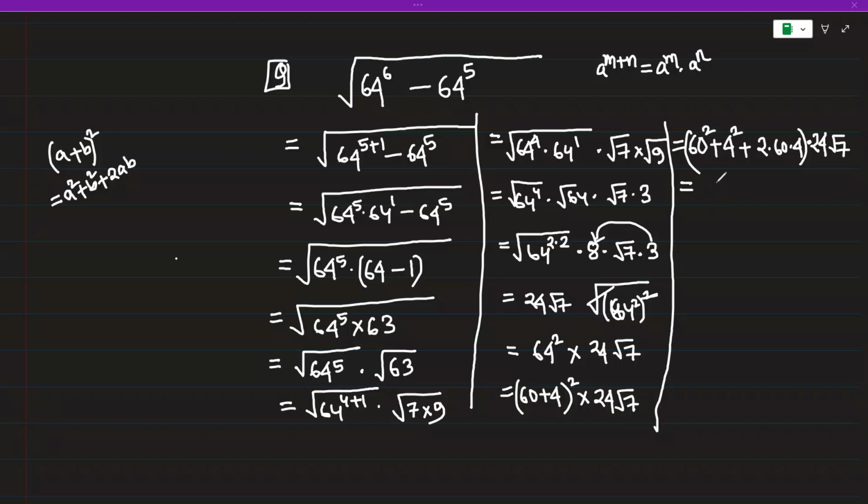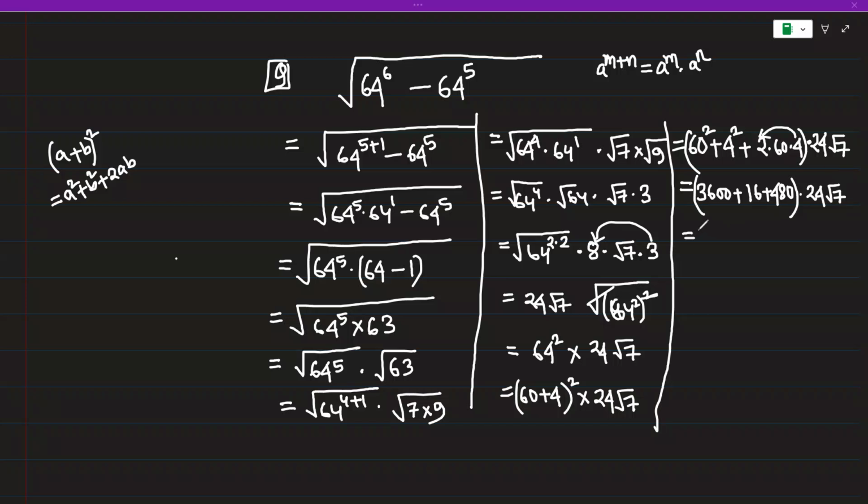We can write 60 squared, which is 60 times 60, as 3600, plus 4 squared, 16, plus 4 times 2, 8, times 60, we got 480, times 24 root 7.